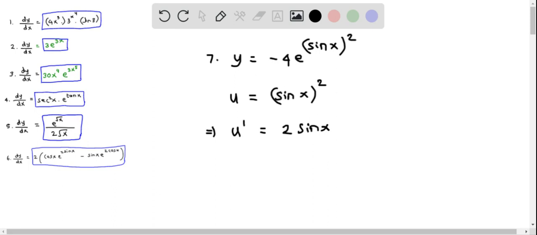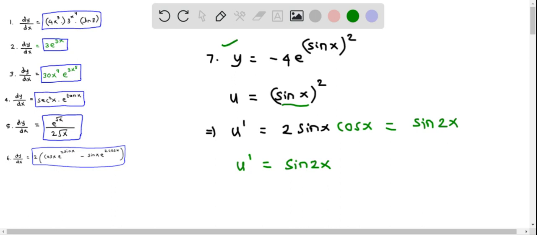And then applying the chain rule, we multiply this with the derivative of sine x, which is cosine x. This can be written in simple form as sine 2x, according to the double angle identity: sine 2x equals 2 sine x cosine x. So we rewrite 2 sine x cosine x equals sine 2x. That is, u prime equals sine 2x.